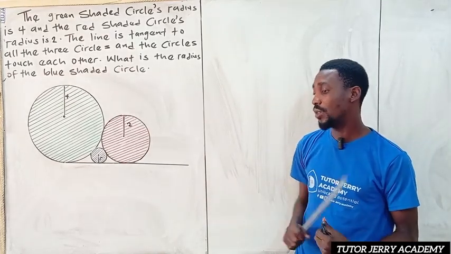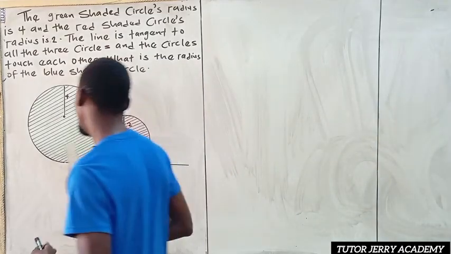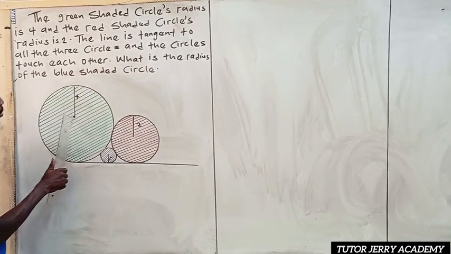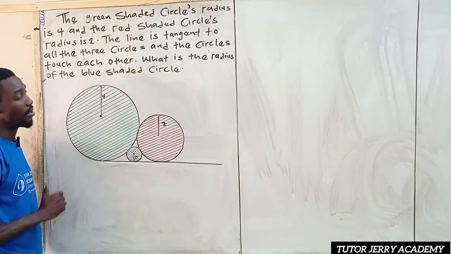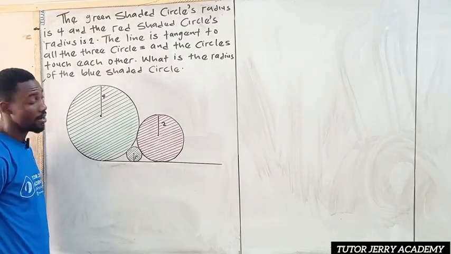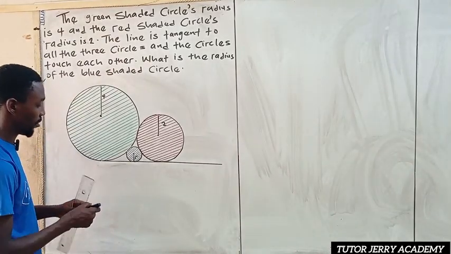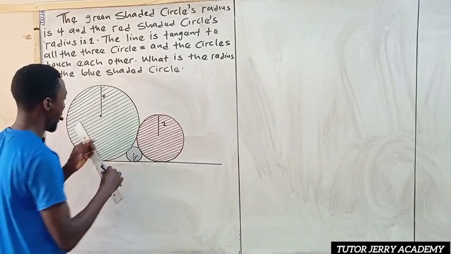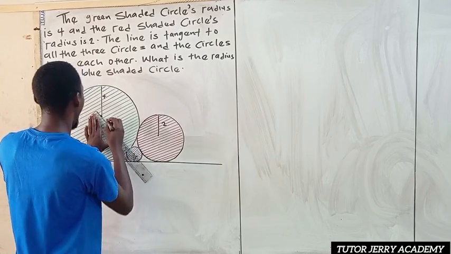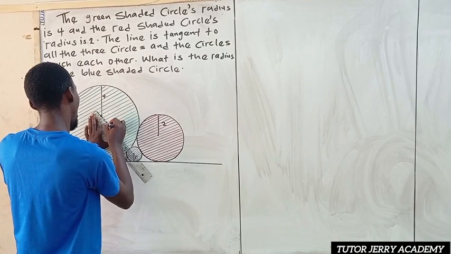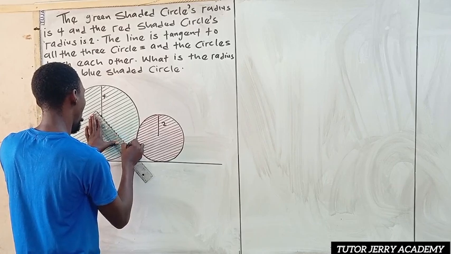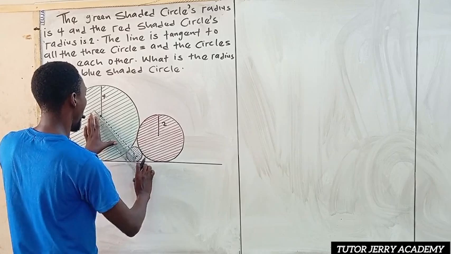All right. So how do we solve this? For us to solve this quickly, the first thing we are going to do is connect this point with this point, because we know the radius of this circle, and the radius of this circle is what? R. All right.